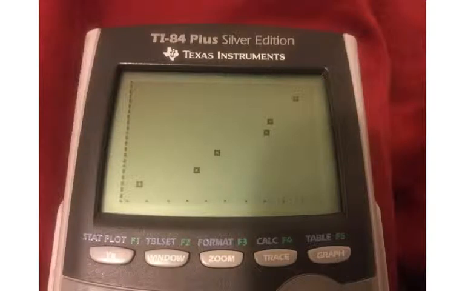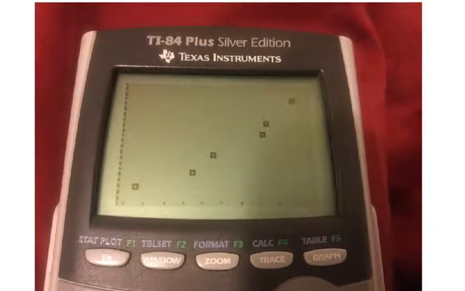Once your data's in, you've already turned your stat plot on, so you can just go to Zoom 9 to do the graph, and this is what you should get. It's a little choppy, but it's probably exponential growth. So then you go back into Stat, Calc, and find exponential regression and write the equation.